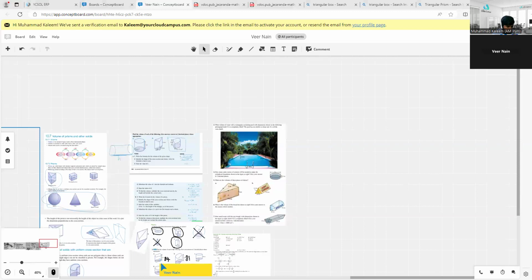Is this correct for this one? This is the answer that I got for part D.